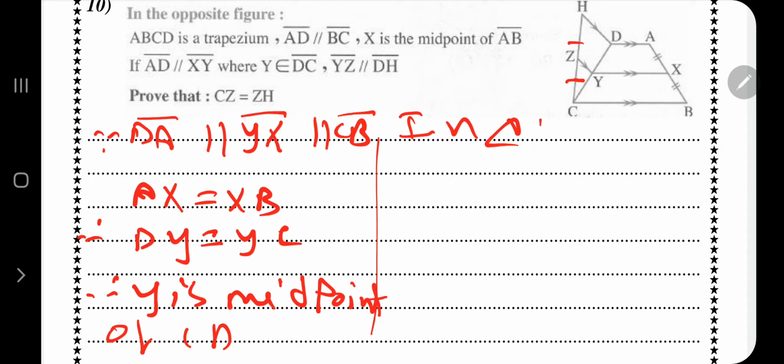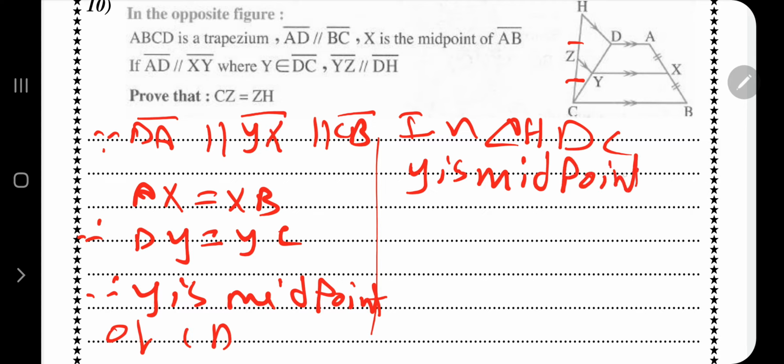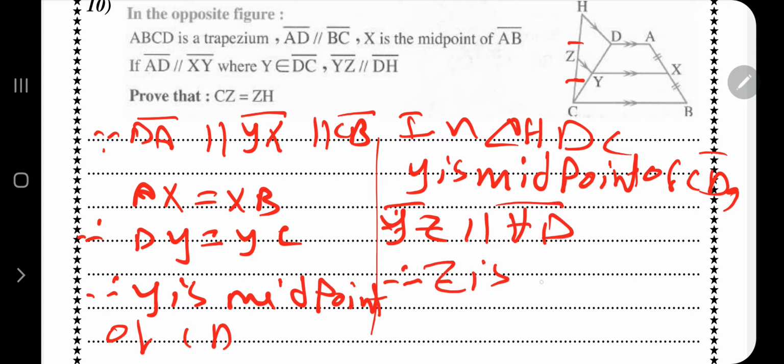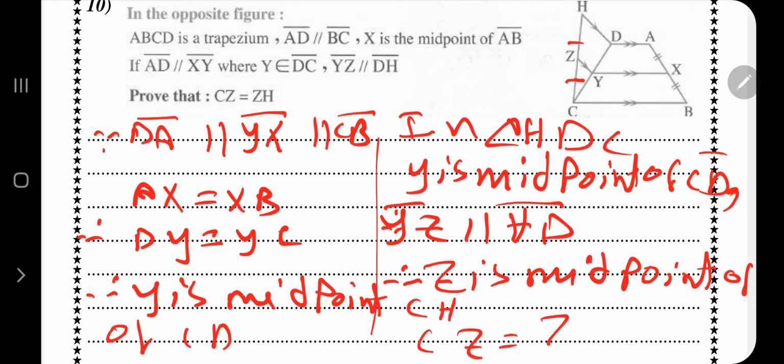In triangle HDC, Y is the midpoint of CD and YZ is parallel to HD, that means Z is the midpoint of CH, that means CZ equals ZH.